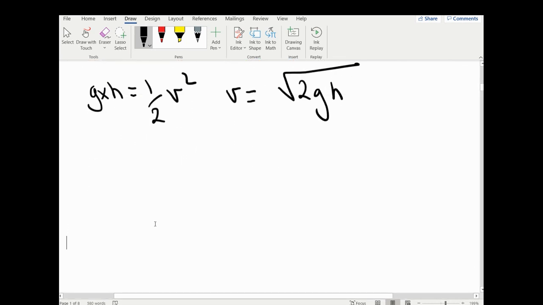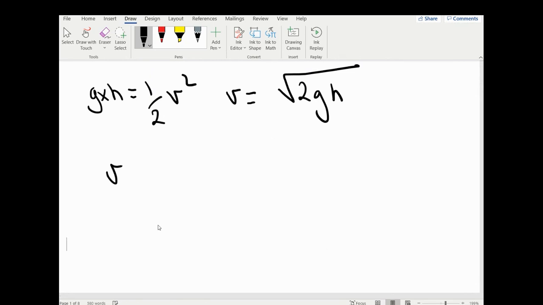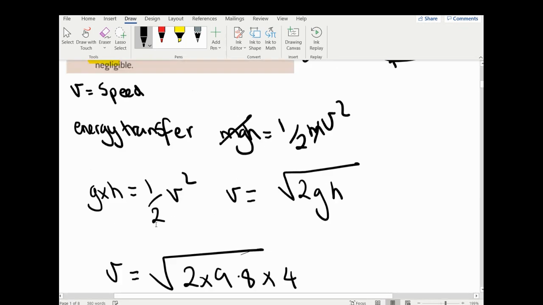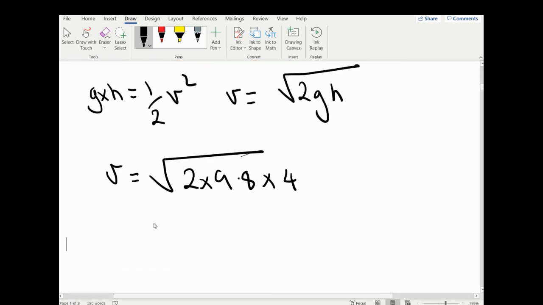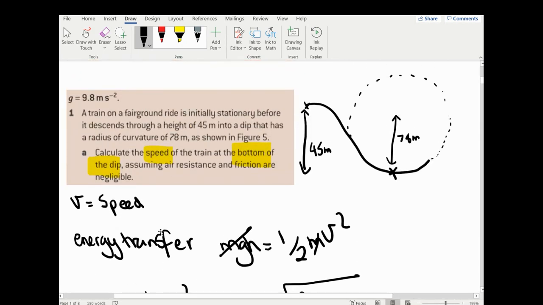So v equals the square root of 2 times 9.8, because that's what they told me g was, times 45. So 2 times 9.8 times 45, square root your answer, and you get an answer of 29.7 metres per second.